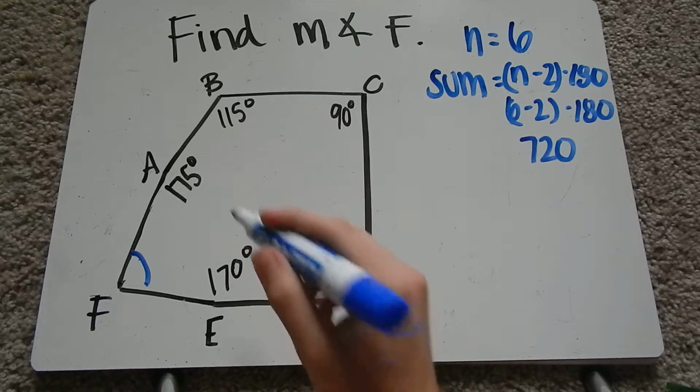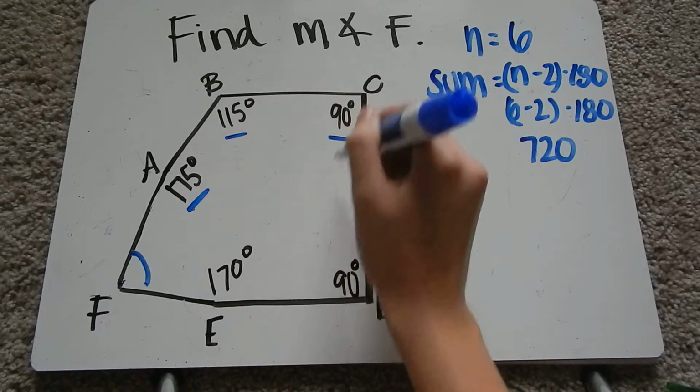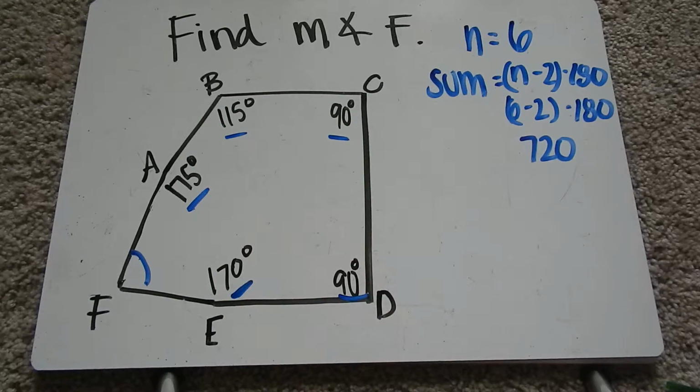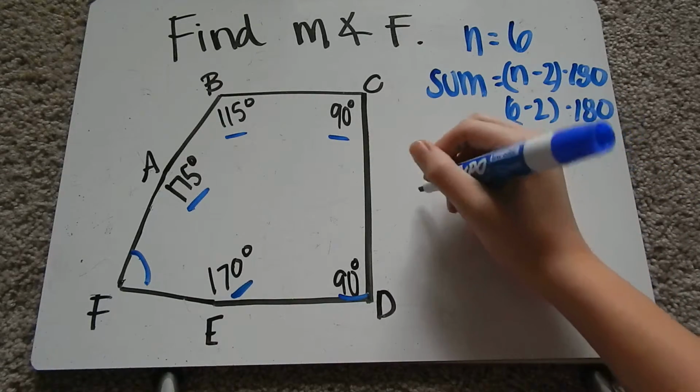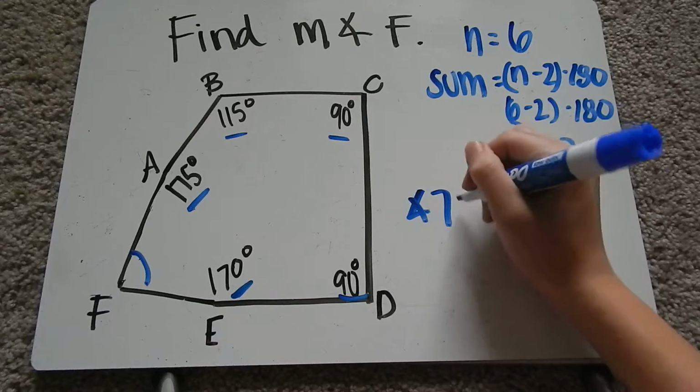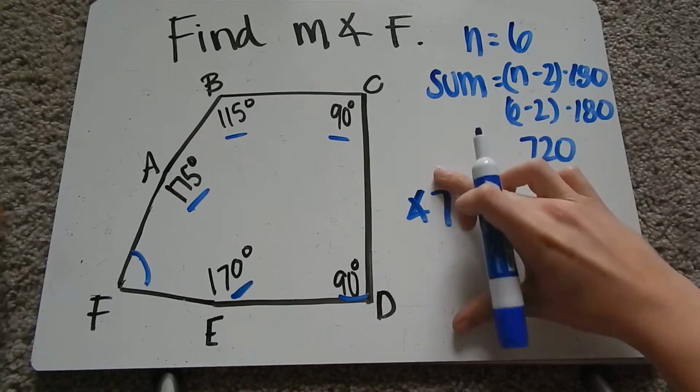So if I add all these up, I should get 720. Let's go ahead and add all the numbers we have to figure out what is left over to get me to 720. So I'm going to add 175 plus 115 plus 90 plus 90 plus 170. All of those equal 640.